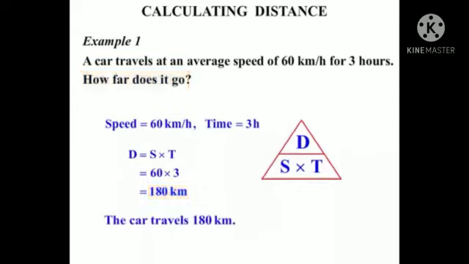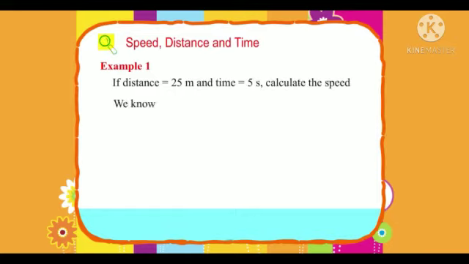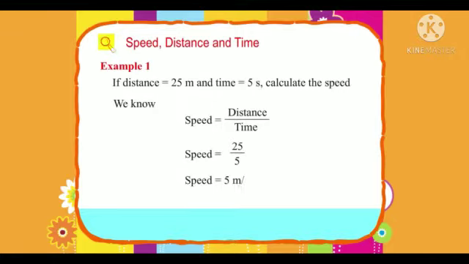Next example. If distance is equal to 25 meters and time is equal to 5 seconds, calculate the speed. We know that speed is equal to distance upon time, which is equal to 25 by 5 equals 5 meters per second.